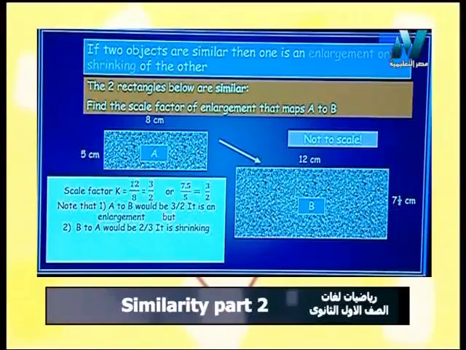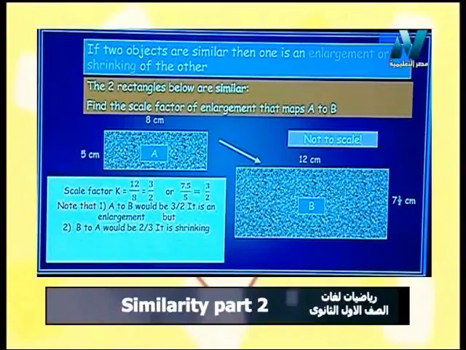So 12 over 8 equals 3 over 2, and 7.5 over 5 also equals 3 over 2. So the same ratio, and we can say that the two rectangles are similar.